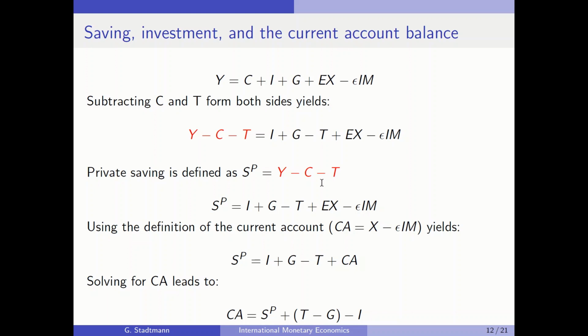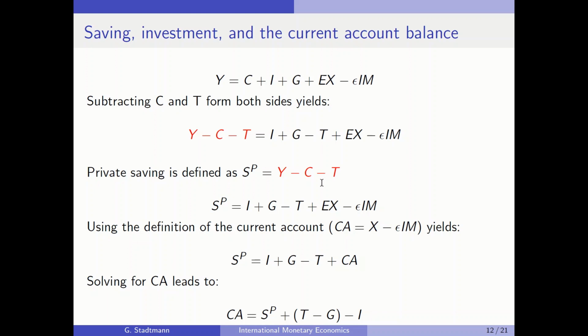So you can see that private savings is already given on the left-hand side of equation 2. So we can insert private savings on the left-hand side. The current account balance is defined as exports minus imports, so that we can insert the current account balance on the right-hand side of the equation, so that we get to the second last equation.